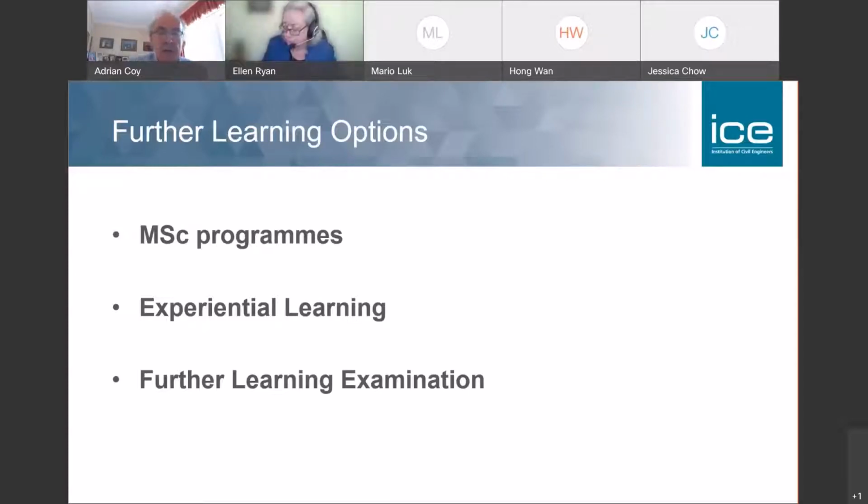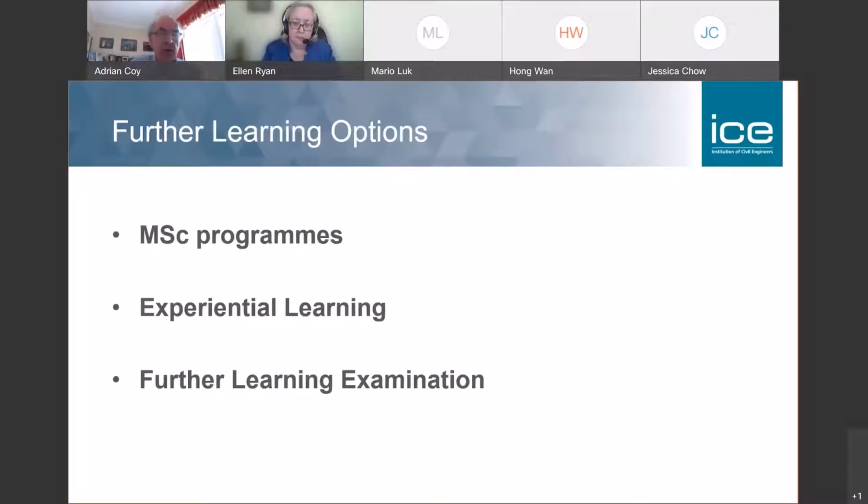The experiential learning option is something that was encouraged by the Engineering Council, and it requires candidates with several years of work experience, and we recommend a minimum of 5 years, to produce a series of short reflective statements of about 500 words a statement that demonstrate how they have met the appropriate master's level learning outcomes.